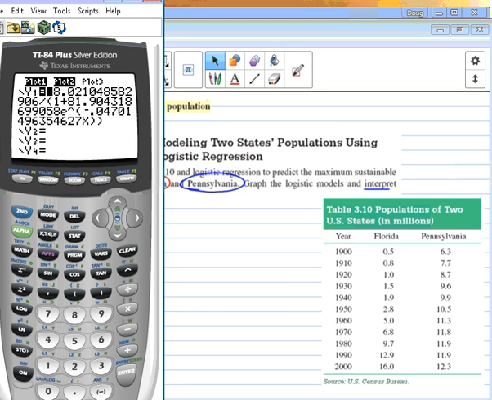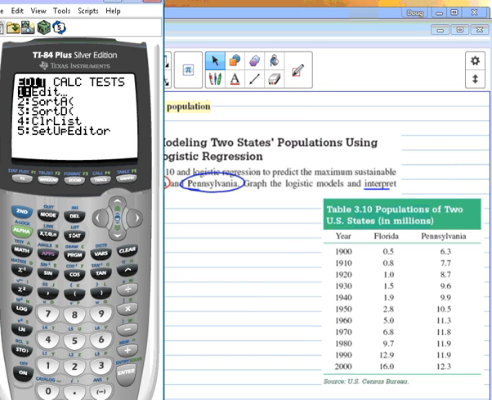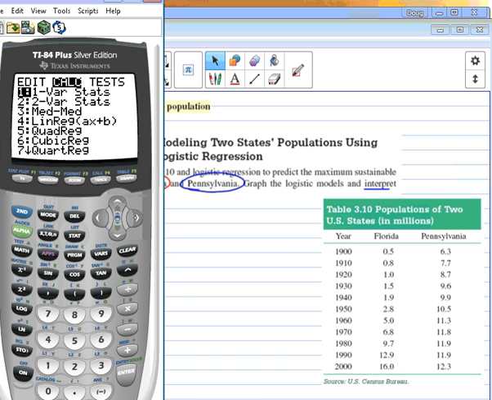Now I'm going to quit out of this, and I'm going to do logistic regression on Pennsylvania. So we'll go through the same steps. My stat, over to calculate. I'm going to choose logistic. There it is.